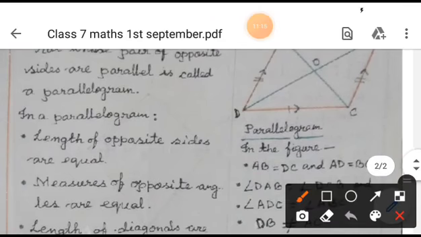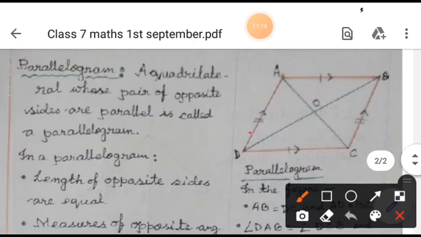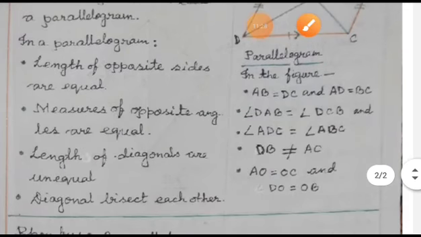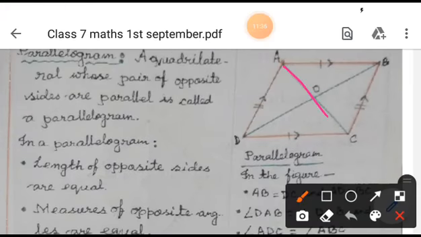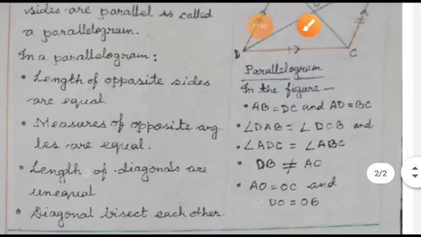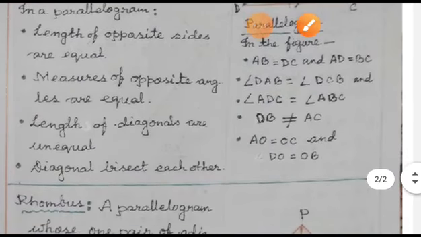Here you will find that this angle is equal to this angle and this angle is equal to this angle, right? The length of the diagonals is unequal, as you can see in the diagram, that diagonal AC and diagonal BD are of unequal length, and the diagonals bisect each other, right?